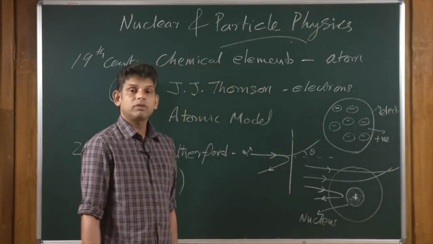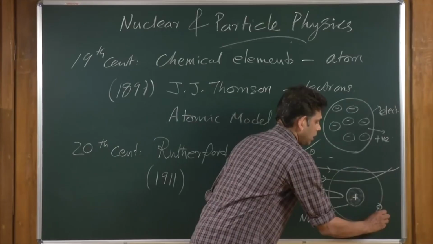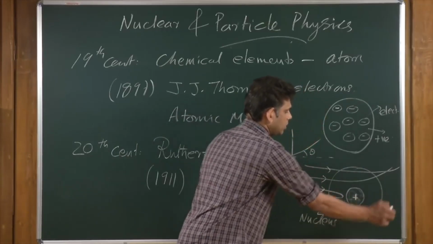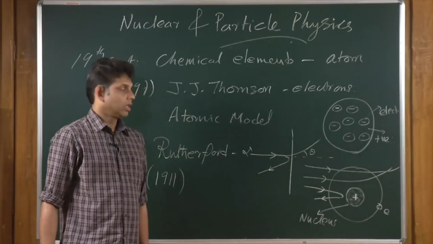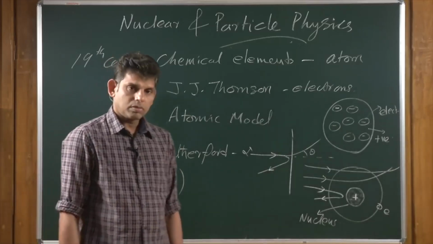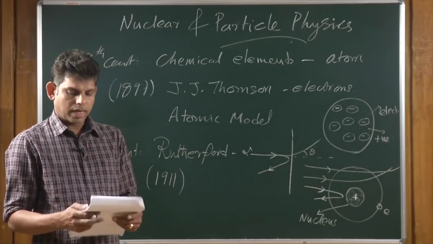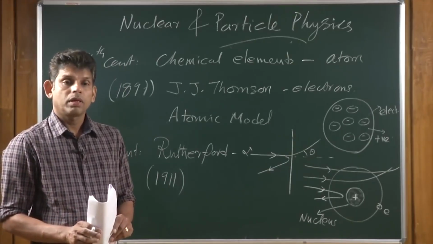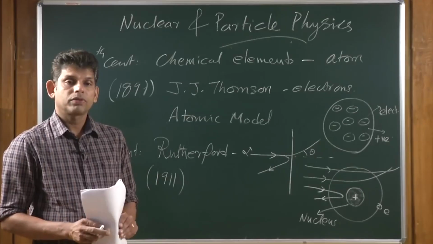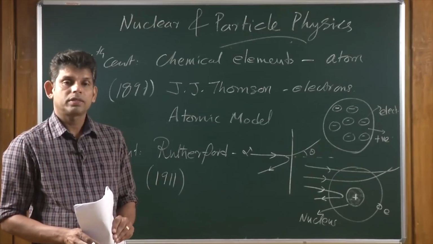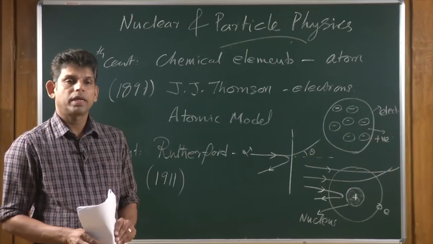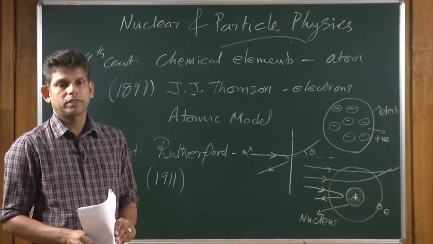So, there is a positively charged nucleus and electrons, let me denote them by E, which revolve around it. The problem with this model is that classical electrodynamics tells us that an accelerated charged particle emits energy, loses energy.